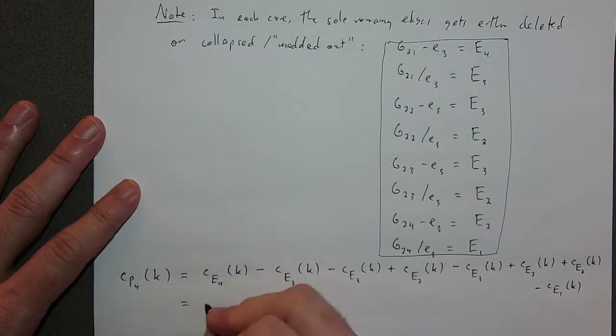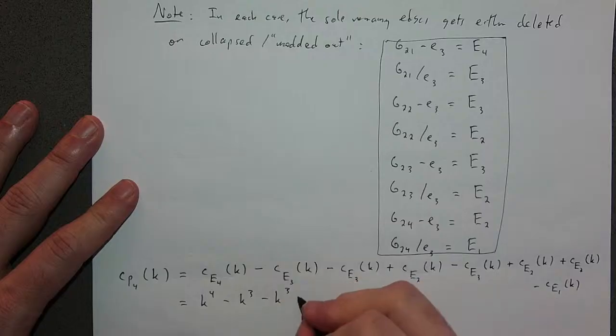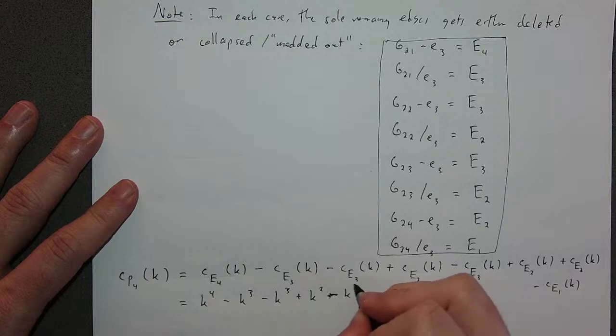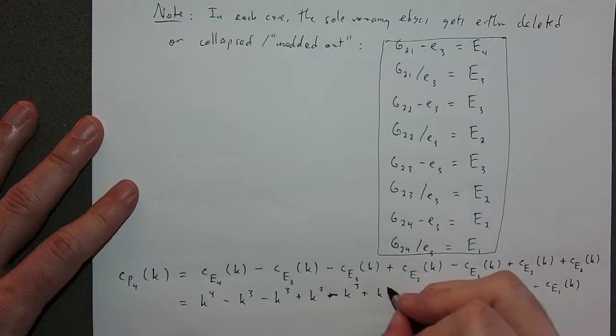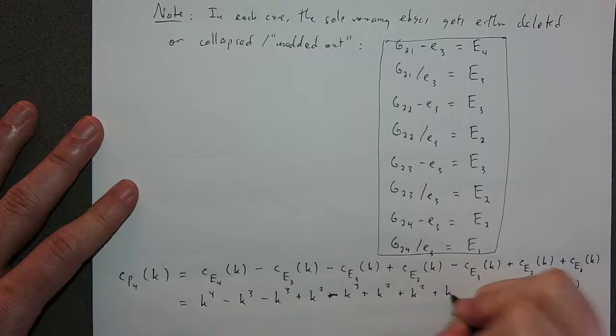This is k to the 4 minus k cubed minus k cubed plus k squared, minus k cubed plus k squared plus k squared plus k.